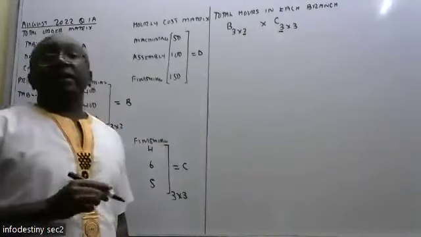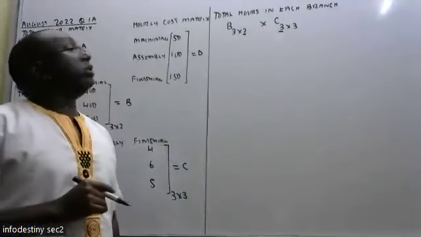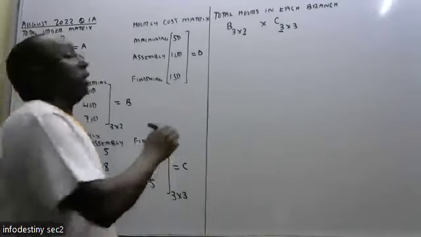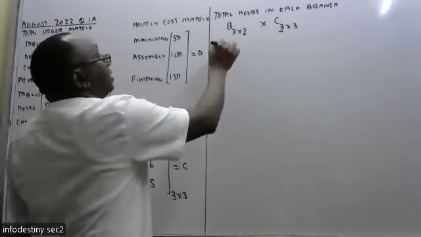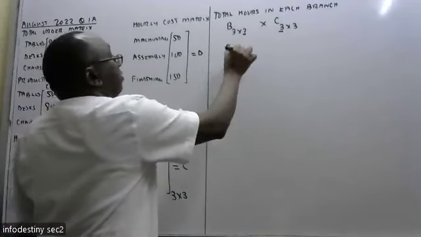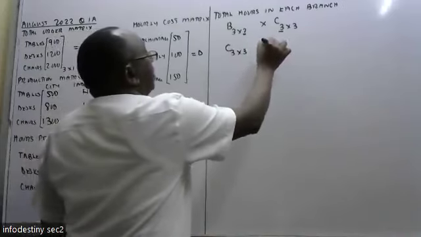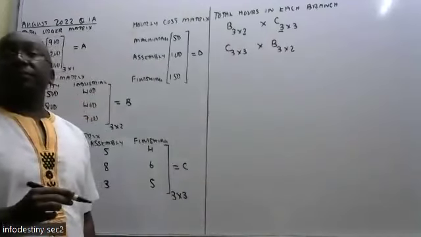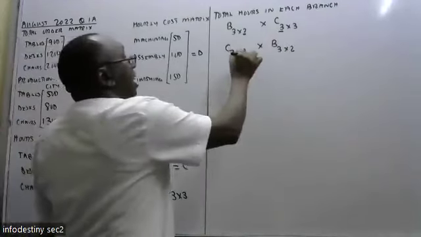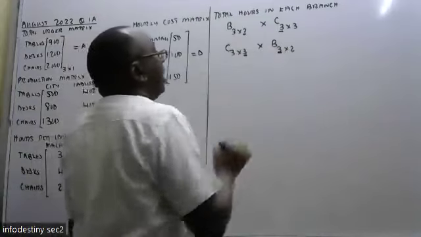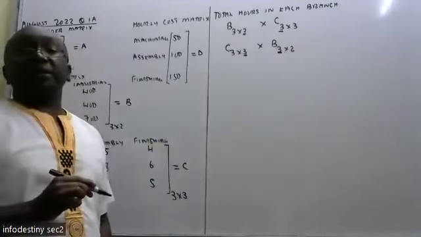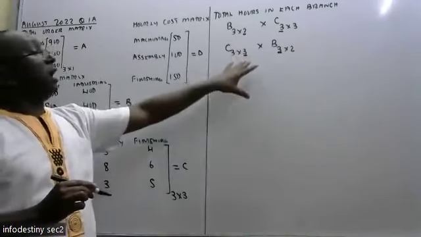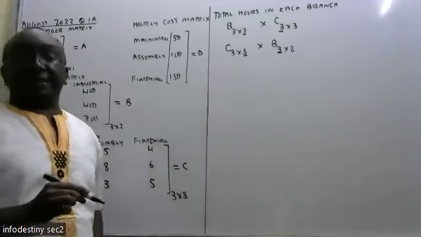Is that the case? No. So we can be dual. What if I start with C, 3 by 3, and multiply by B, which is 3 by 2? The columns here and the rows here, do they agree? Yes. This is called the compatibility test.